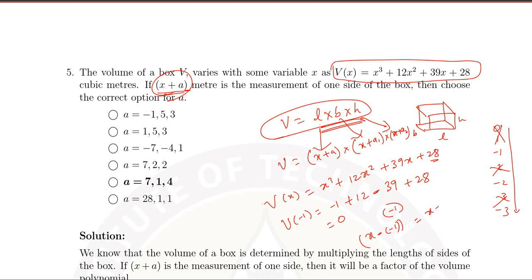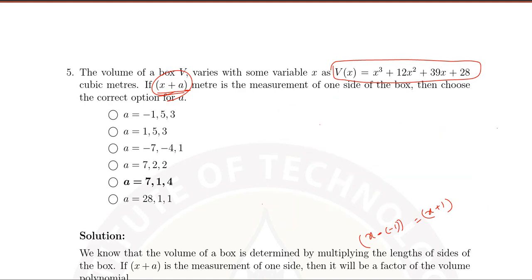Now in order to find the other factors of V of x, we can simply divide V of x by x plus 1 and we get a quadratic equation, and we can simply solve the quadratic equation to get the other factors, right? So I'll just erase this and we'll do that synthetic division. So I can write down x plus 1 dividing x cube plus 12x square plus 39x plus 28.